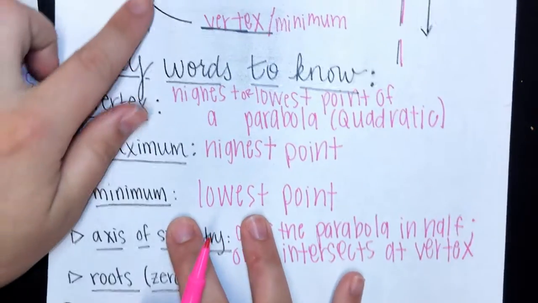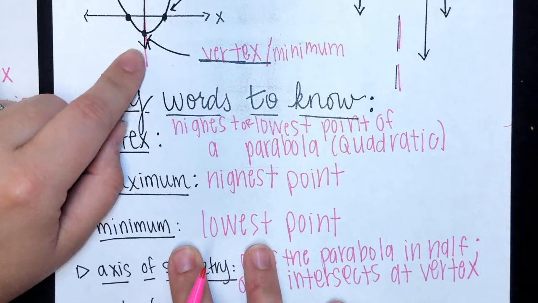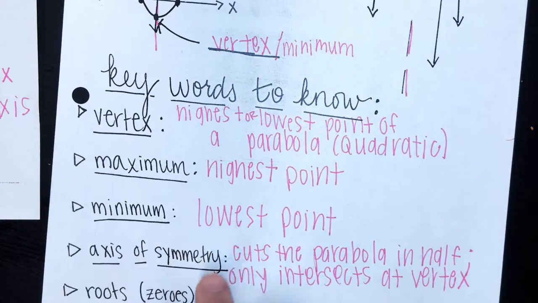So right here's our vertex, and the only thing that intercepts the vertex is your axis of symmetry.